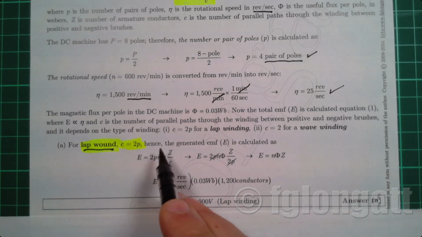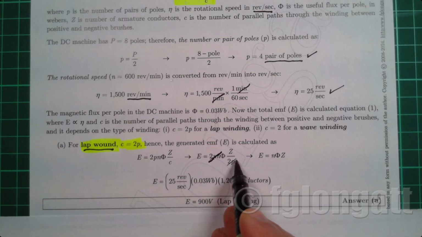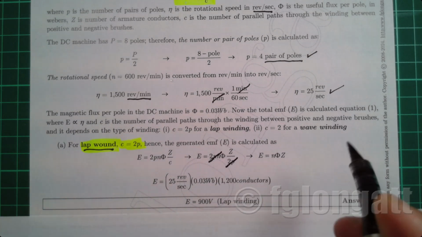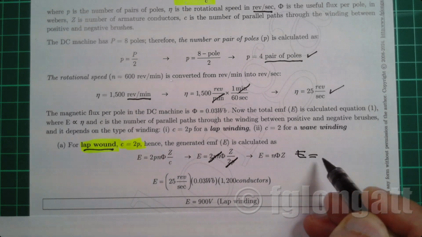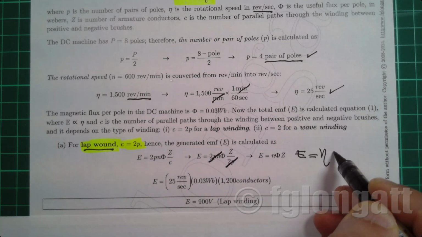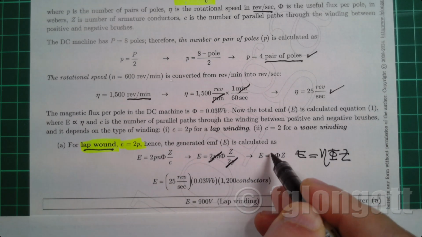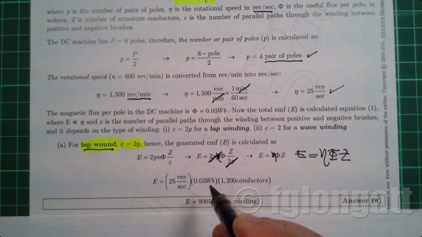So in this equation number 1, 2P here will be cancelled with 2P over here, and we obtain that the induced voltage will be rotational speed in revolution per second multiplied by the flux per pole multiplied by Z. Okay? So yes, we have the beautiful equation ready.